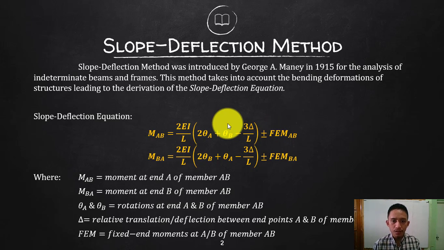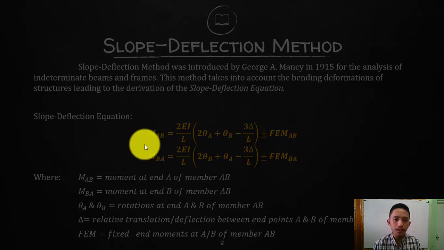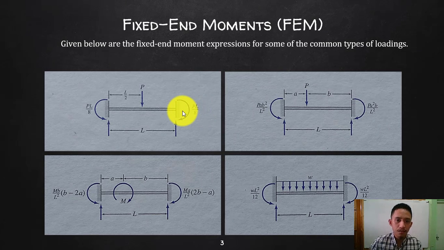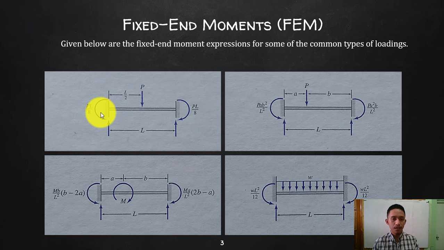You need to stick to one sign convention. If I assume that clockwise is positive, then I input that in my equation as plus. If it is counterclockwise, then negative.